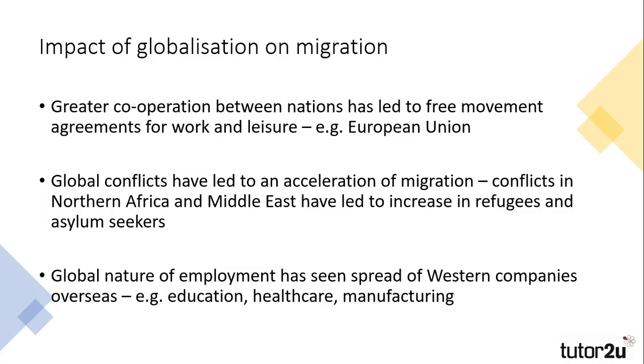In the 21st century, conflicts in northern and eastern Africa and the Middle East have led to an increase in refugees and asylum seekers, many of which head to European nations for refuge. And the global nature of employment has seen the spread of many Western companies into overseas markets, particularly in education, healthcare and manufacturing, and this has seen a growth of UK nationals working overseas.